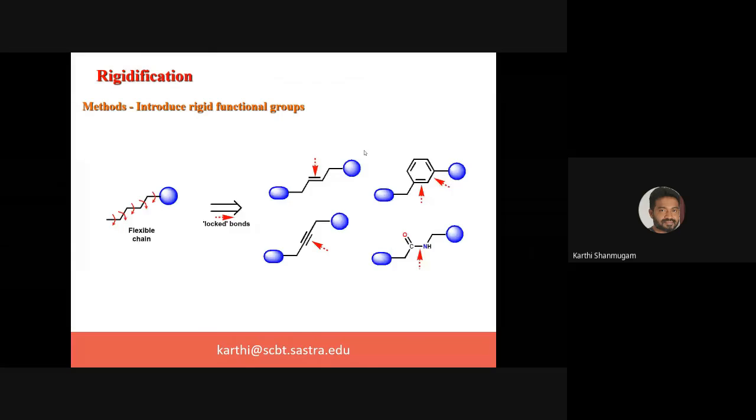You can insert a double bond to make the molecule highly rigid, or insert a ring system like this to make the molecule rigid. We can also go for a triple bond system or CONH. This is very interesting. Can you tell how this is rigid? Still we have a single bond, no?